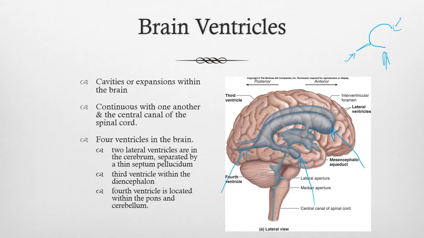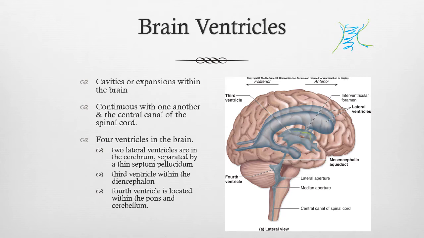Those lateral ventricles drain down into the third ventricle, that is here. The third ventricle is separated by the two halves of the diencephalon. If we look at where the thalamus is on either side, the space in between where the thalamus would be is that third ventricle.